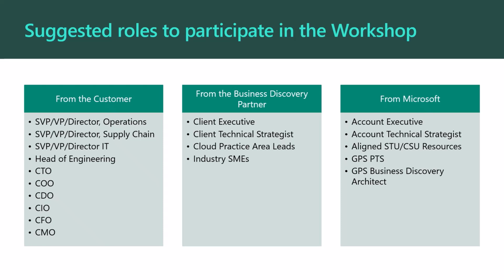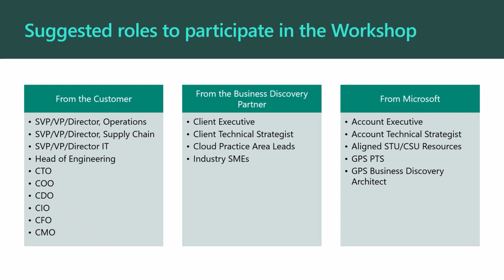And then from Microsoft, these are all optional, but you can invite the account executive or the ATS on the account. You can invite anyone in the STU or the CSU that are aligned to that customer. And if you've got a PTS, you can also bring in PTS. You could also bring in an architect like me to help with the conversation.